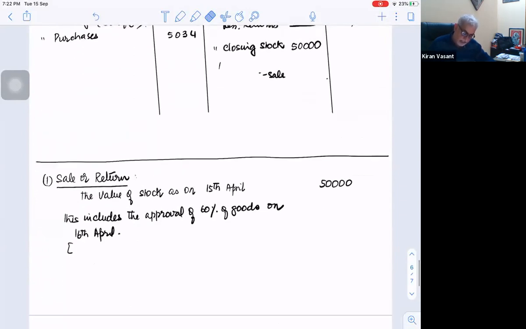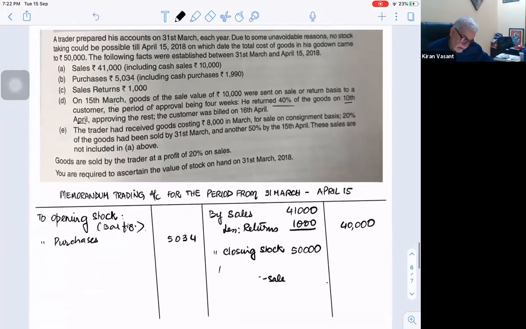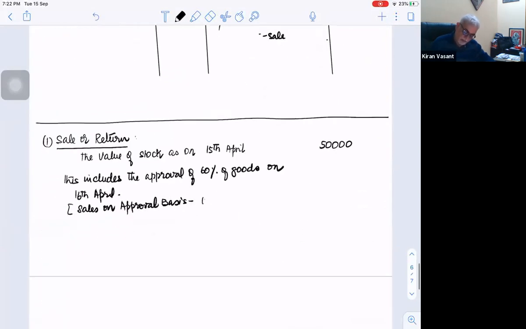Now, the total sale or return is how much? 10,000 less 40% return. This happened on 10th April.